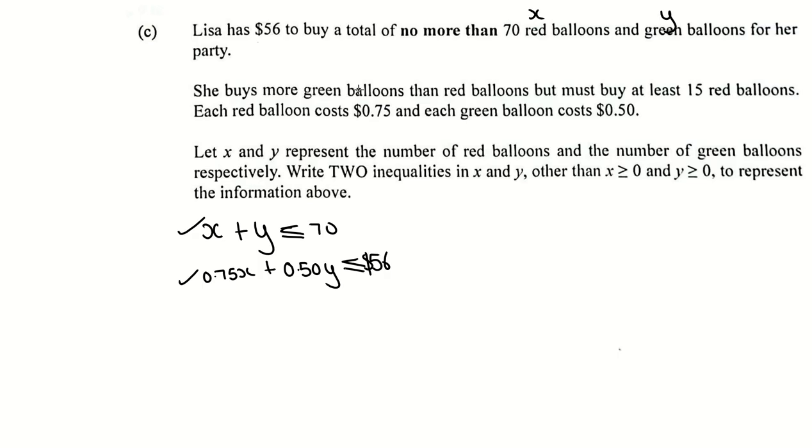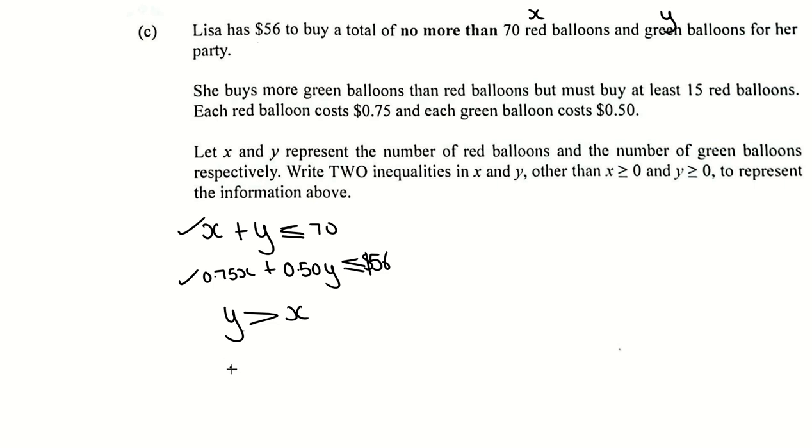They said she buys more green than red. So y is more than x. So green balloons is more than red balloons, but she must buy at least 15. So for the least amount, it has to be 15 red balloons.